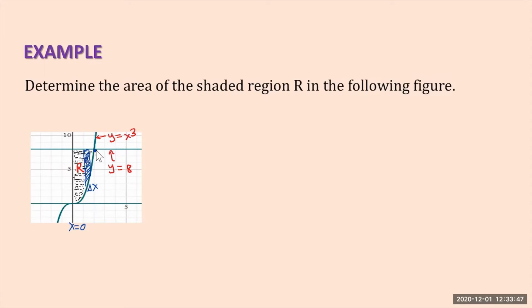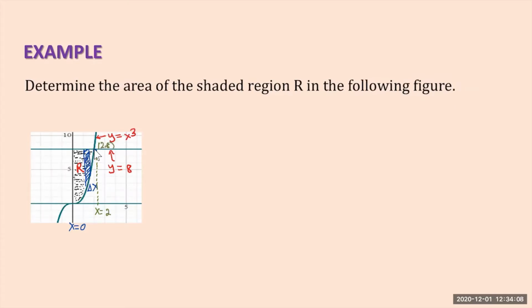If I can find that point, then I know the right end also. So the y value over there is 8. You can clearly see the y value is 8 and x cubed is equal to 8. That means x equals 2. So this must be x equals 2 because 2 cubed is 8. So this point is (2, 8).